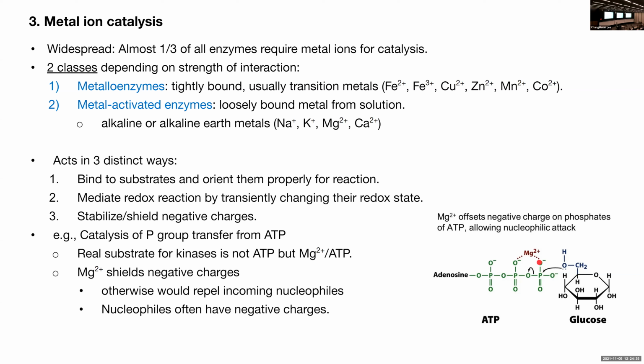So these oxygen negative charges are stabilized by magnesium cations. Then this phosphorus will be a little bit more positive. Does that make sense? So it can be attacked by this nucleophile.